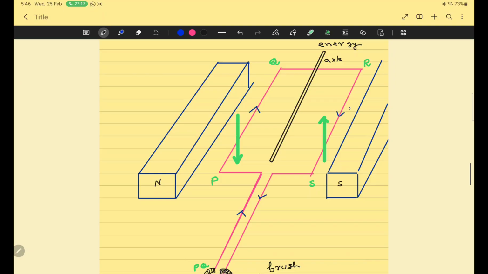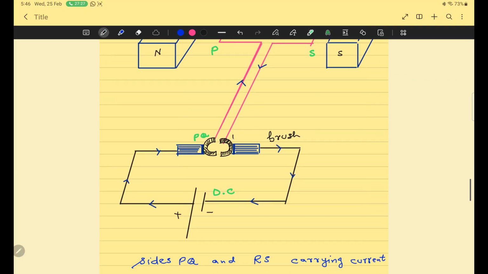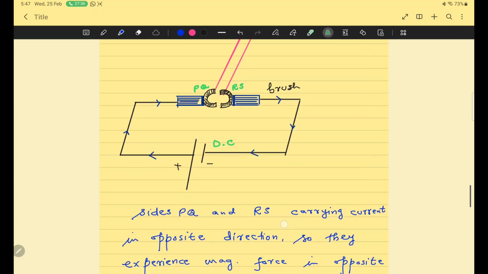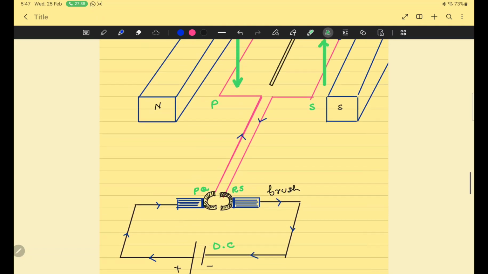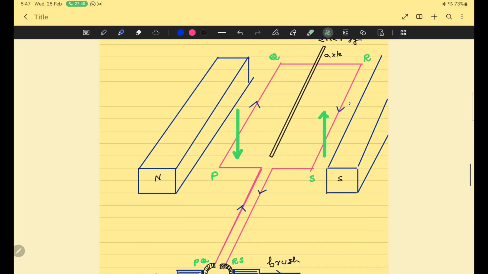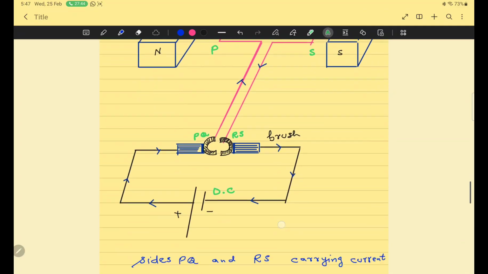The right hand side is RS, and the name of the commutator is RS. Right now, the coil is horizontal.